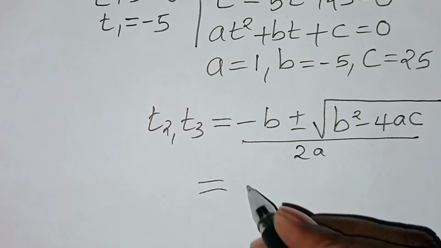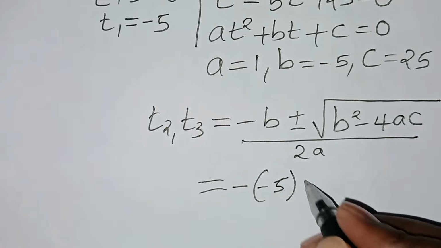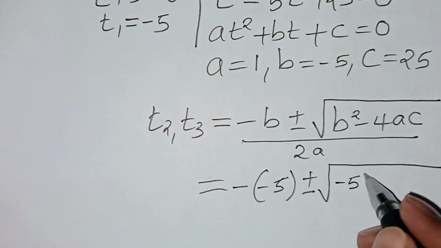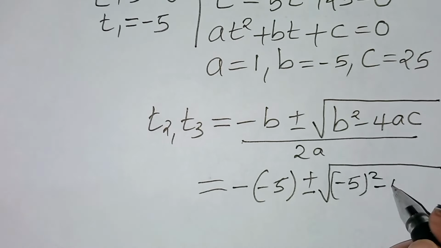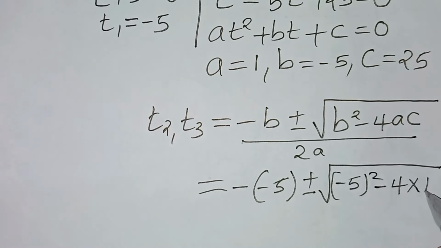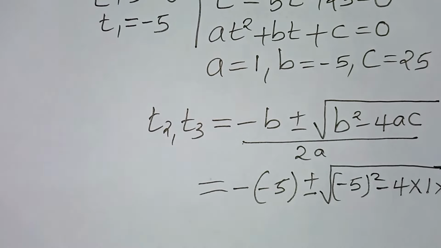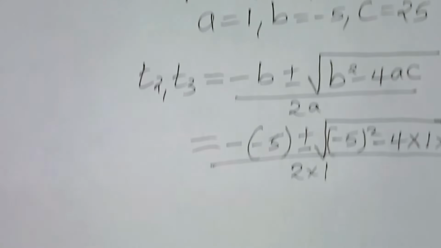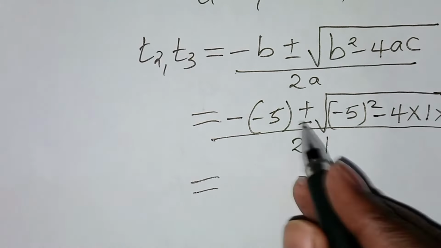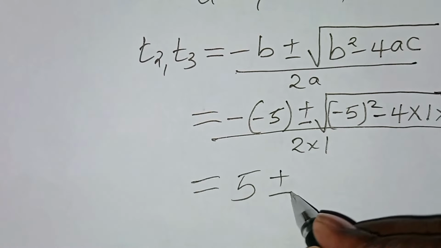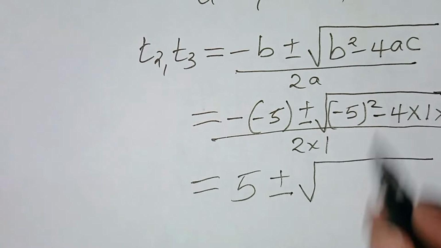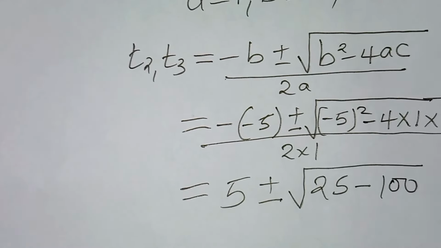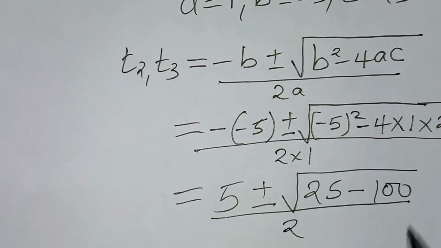We'll have minus minus 5 plus or minus the square root of b squared, this is minus 5 squared, subtract 4 times a, which is 1, times c, which is 25, all this divided by 2 times 1. So here we'll have 5 plus or minus the square root of minus 5 squared, which is 25, subtract 4 times 25, this is 100, divided by 2.